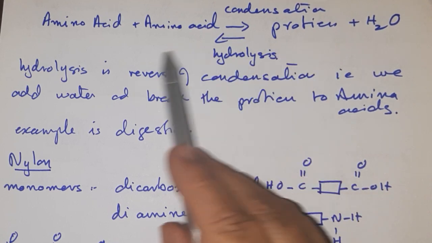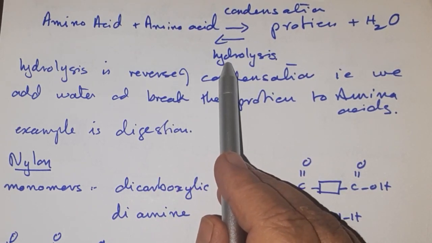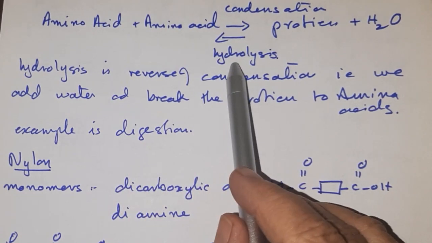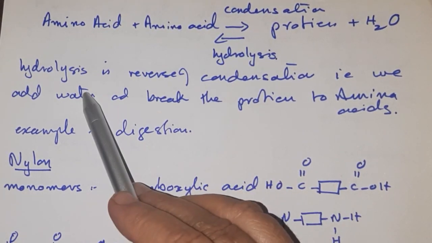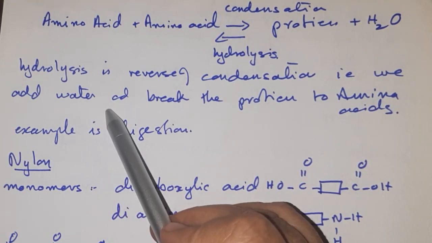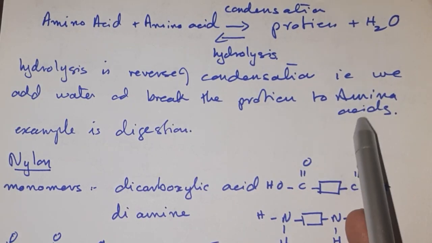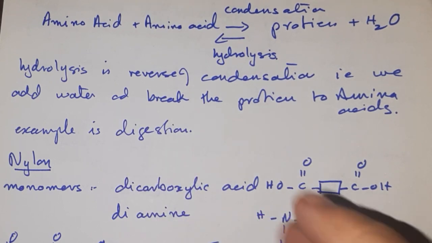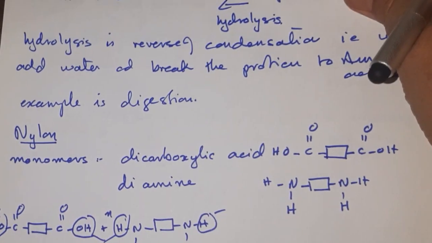And if we go back, it is hydrolysis, that is when we break protein into amino acids. Hydrolysis is the reverse of condensation, that is we add water and break the protein into amino acids. An example is digestion, and this happens with the help of enzymes in our body.